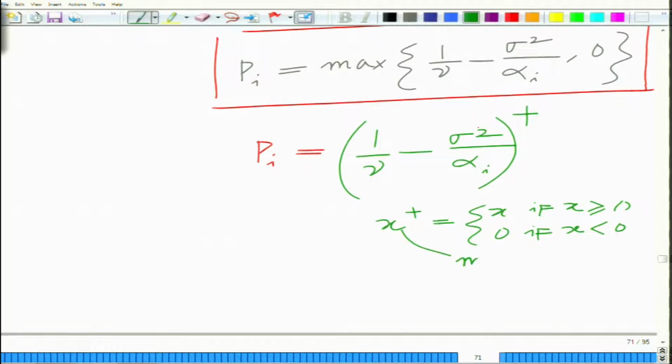This is basically again saying the same thing. This is the maximum of x comma 0. That is the optimal power allocation, that is 1 over nu minus sigma square by alpha I plus.